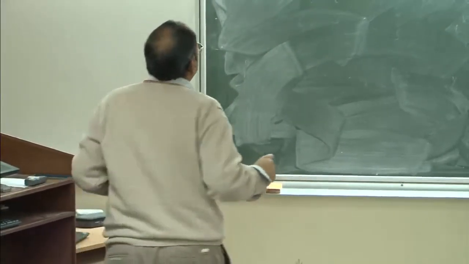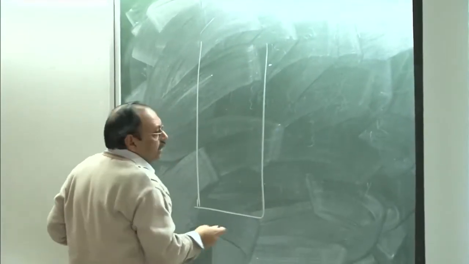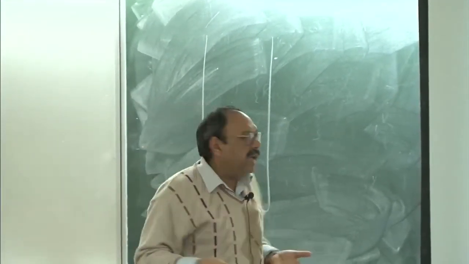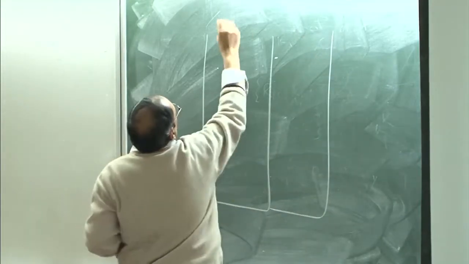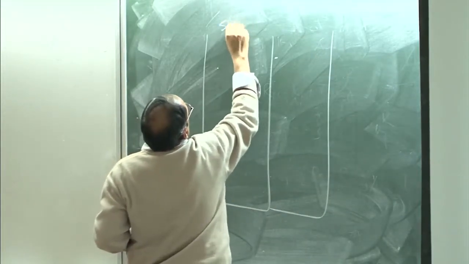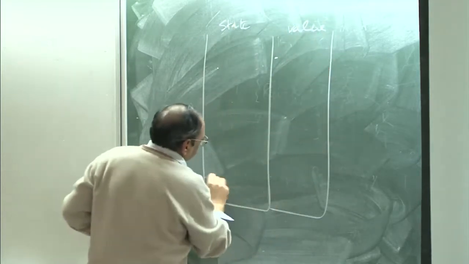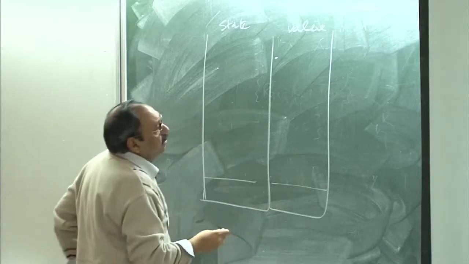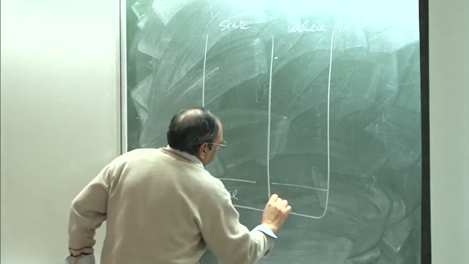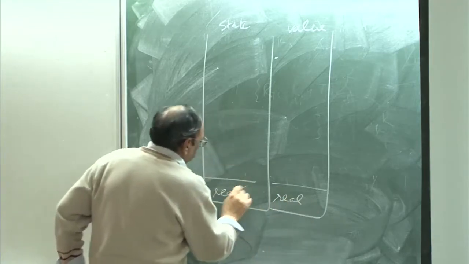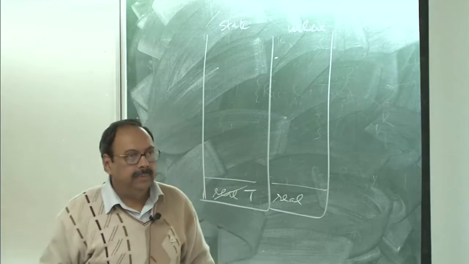Now, if I use a bottom up parser, let us just deal with the stack, there is nothing else which is really required. What will be the first symbol I will see on the stack? Let us say this is my state stack, this is my value stack, and first I will get this name which says I have real here, and the value stack will contain real, which is nothing but the type.